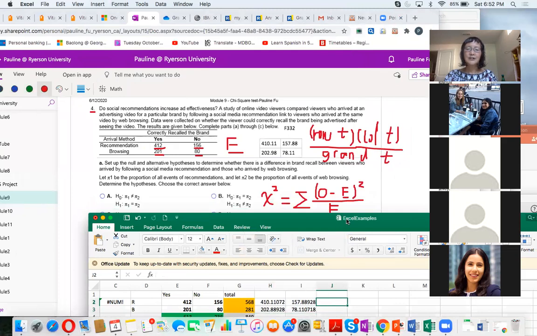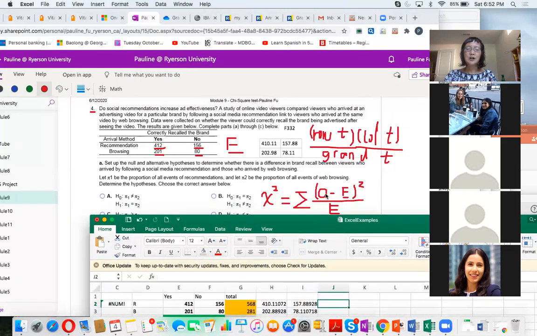So each time you need to do O minus E. Every number is in front of you, okay? So square it, divided by E. So equal O observed, 412 is observed, minus expected, 410 is expected. This is O minus E, okay?